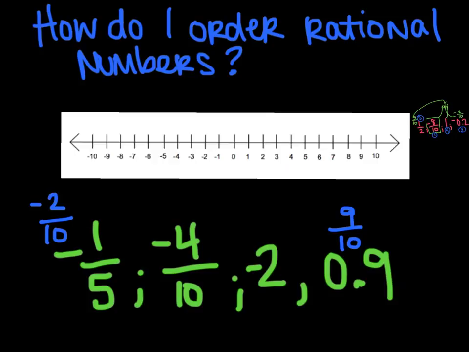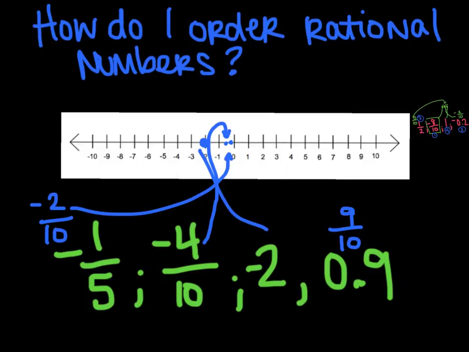And I can plot all of these relatively easily. -2/10 is pretty close to 0, so that one's going there. Then -4/10 is actually more like -1/2, so that one's a little bit farther to the left. -2 is an easy one, that one's going right there.